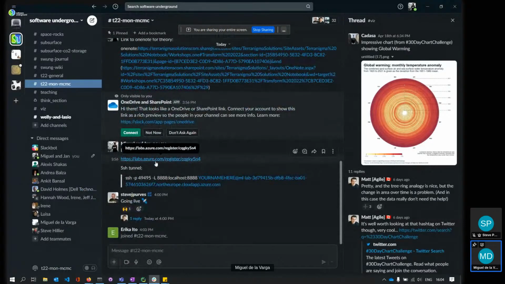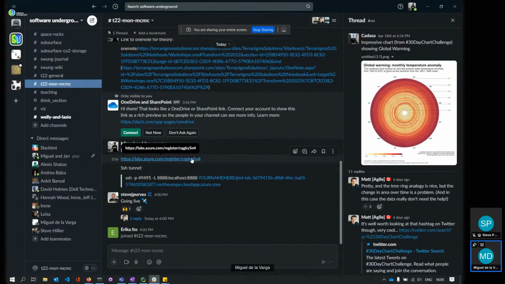Here we have this link, labs.azure.com/register. If you click there, it will send you to a website where you probably have to log in with a Microsoft account, which is a bit annoying. But once you are there, you will have a virtual machine for you.